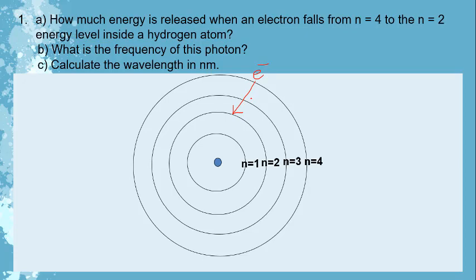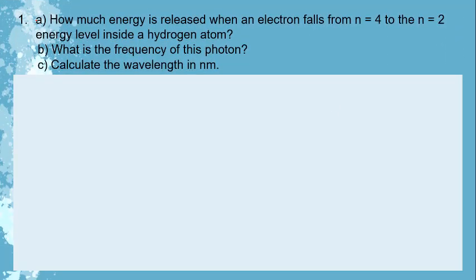When an electron makes a transition from a higher to a lower energy level, energy is released in the form of a photon. The energy released can be calculated using the equation delta E equal to Rydberg constant times in bracket 1 over n1 squared minus 1 over n2 squared, where n1 is the initial energy level and n2 is the final energy level.